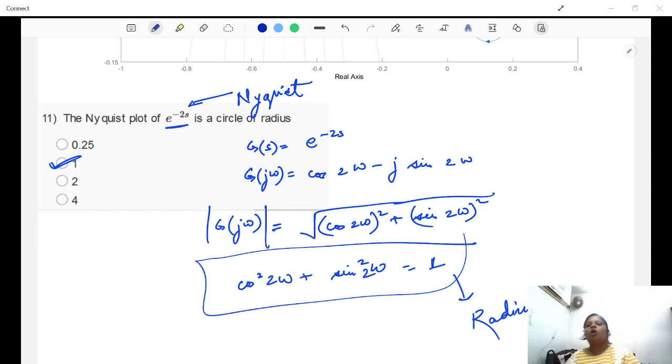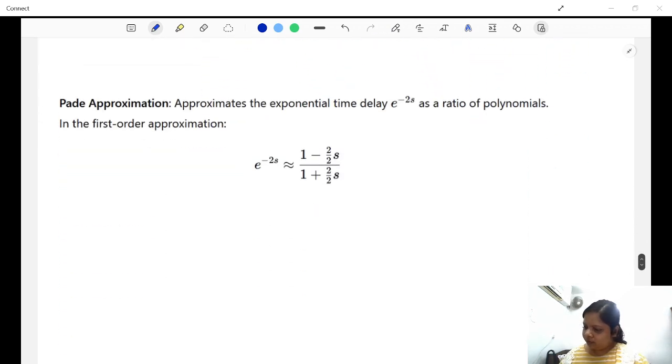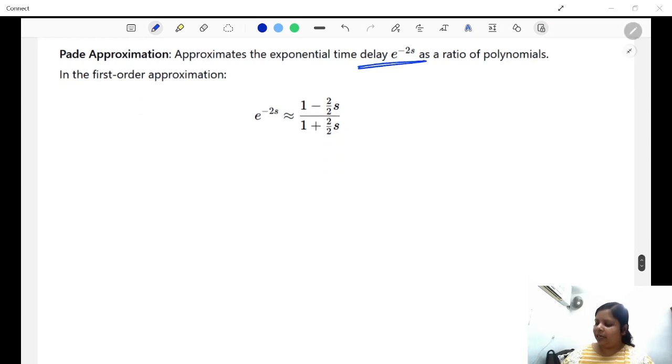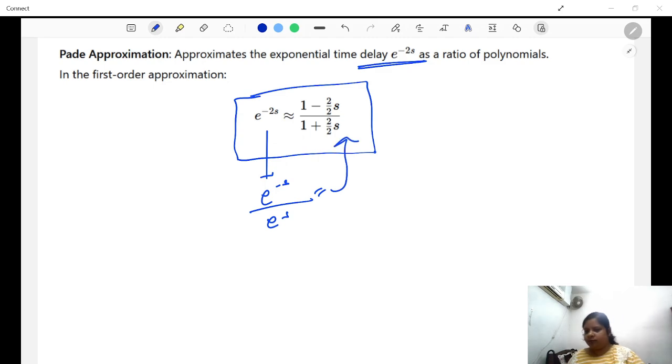You can use first order, but second order is more appropriate. What MATLAB really does is express this exponential time delay as a ratio of polynomials. It is doing the same thing that you have done. It is just that it has been broken in two parts, e to the power minus s upon e to the power s. Both of these ways are correct.